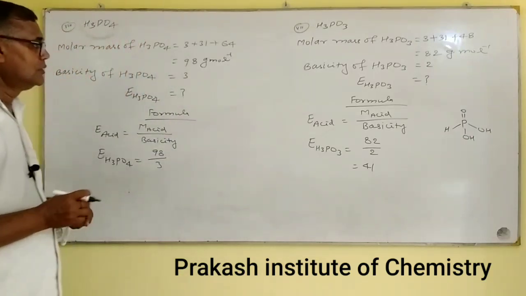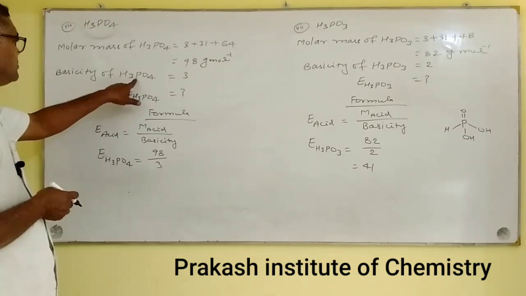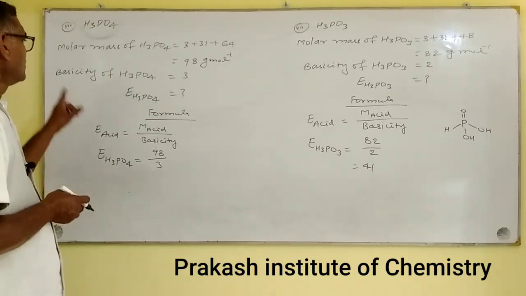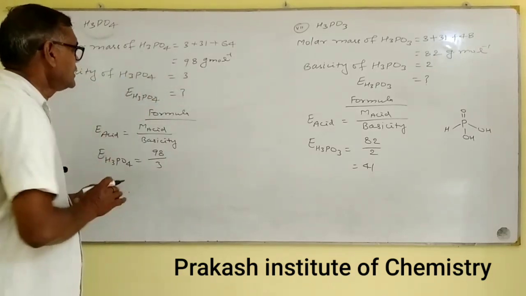We show a figure for H3PO4. We indicate basicity of H3PO4 is equal to 3.